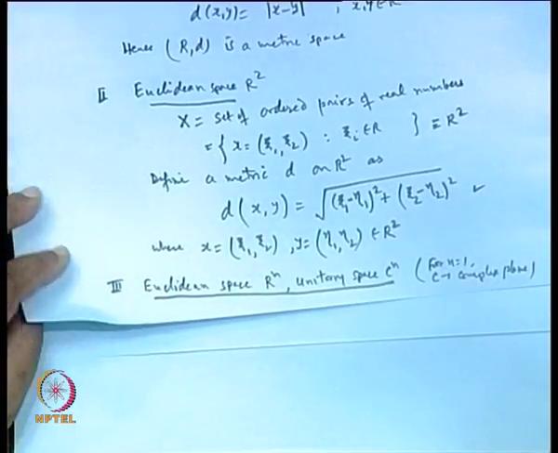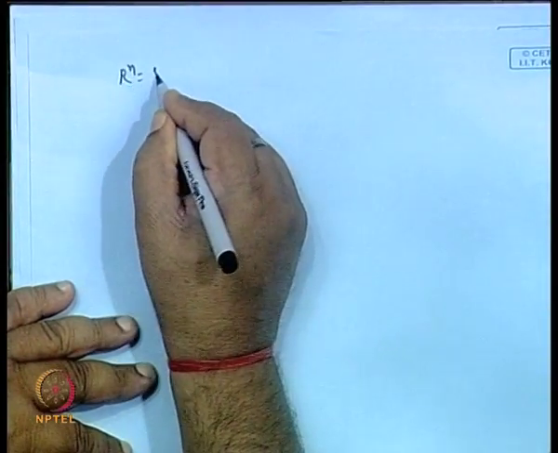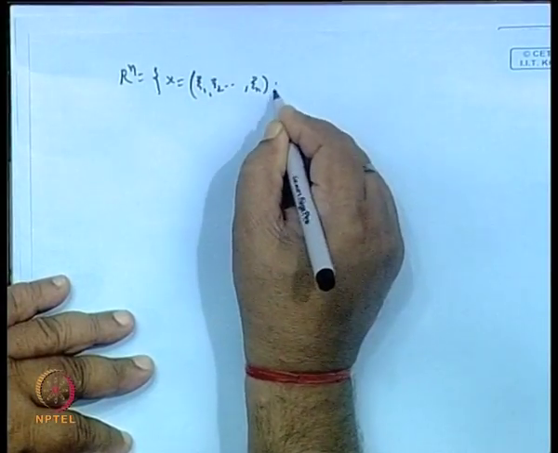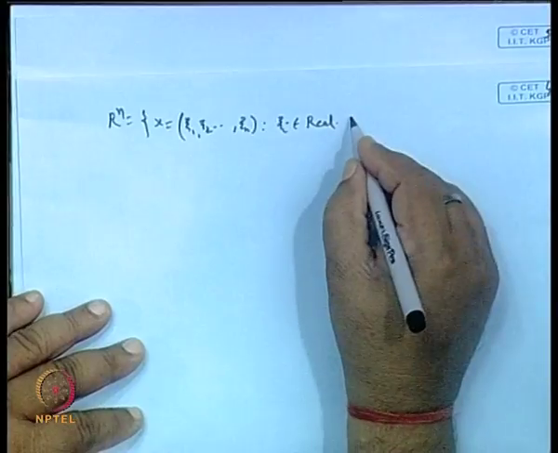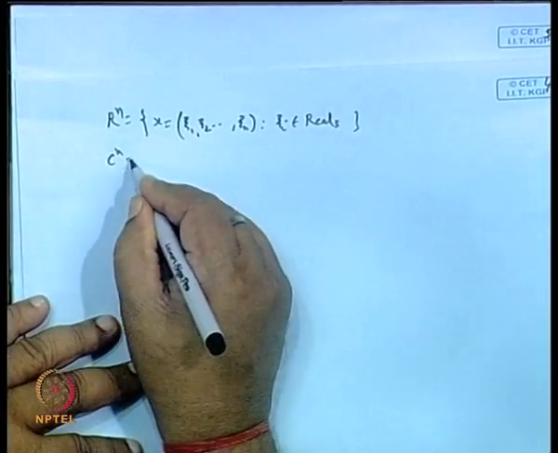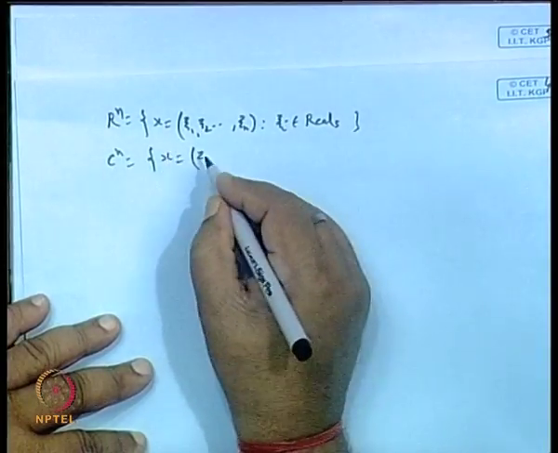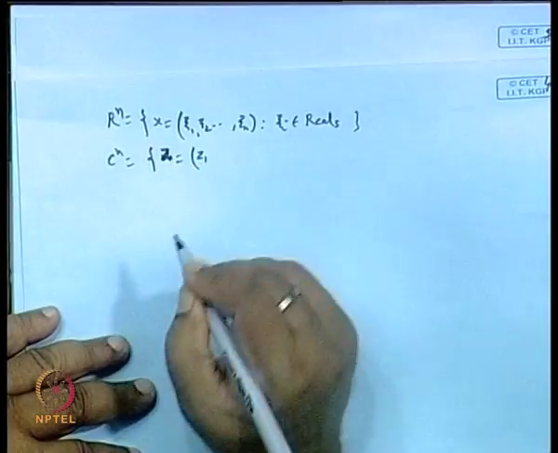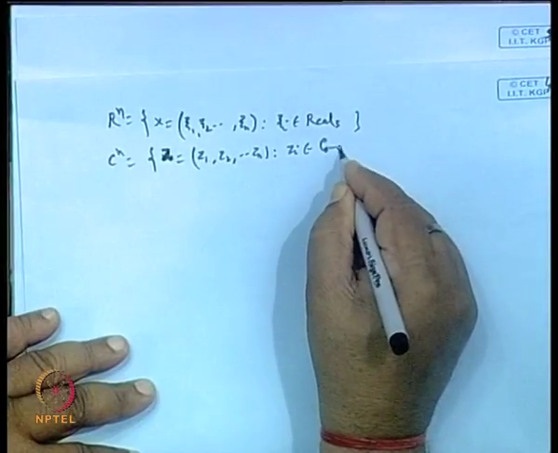So, what are our Rn and Cn? Rn is basically the set of all n-tuples xi1, xi2, ..., xin, where the xi's are real, and Cn is the set of all Z1, Z2, ..., Zn, where the Zi's are complex numbers.